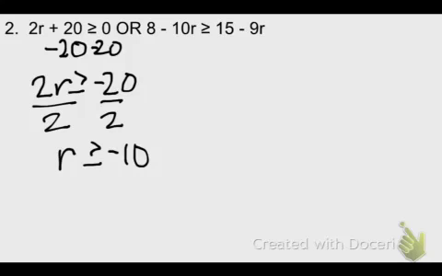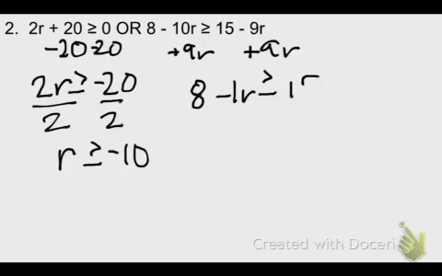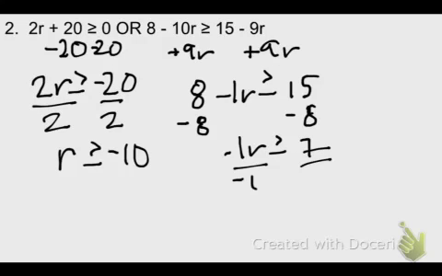Moving on to the second inequality, I'm going to add 9r to both sides, and I'll get 8 minus 1r is greater than or equal to 15. Subtract 8 on both sides. I'll get negative 1r is greater than or equal to 7. Divide both sides by negative 1.